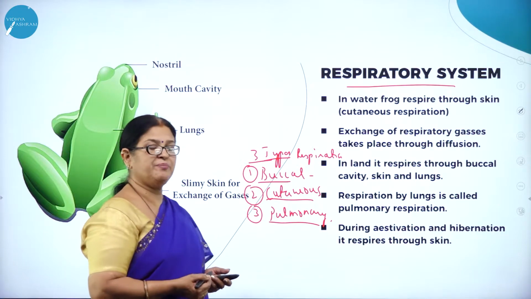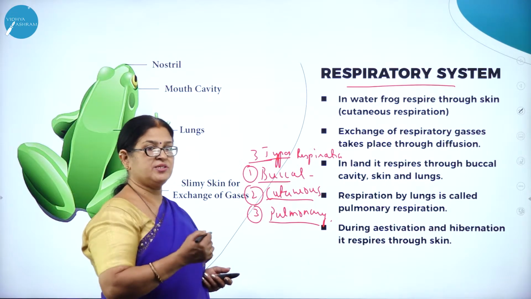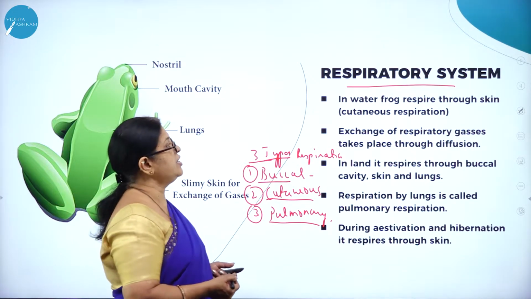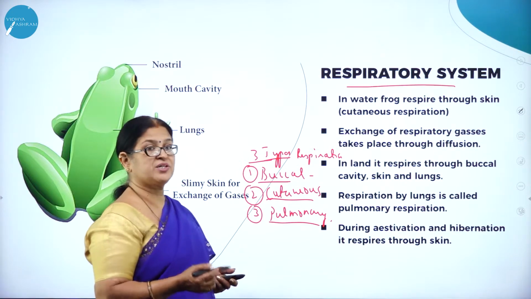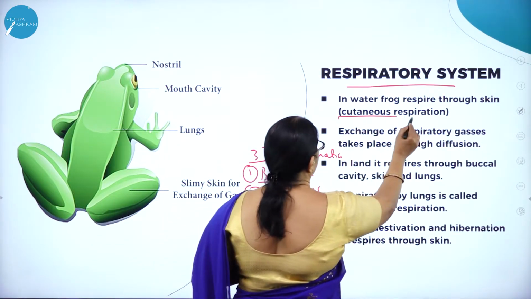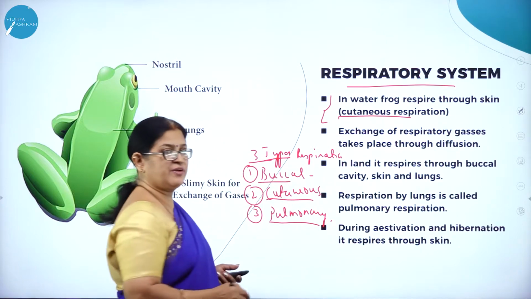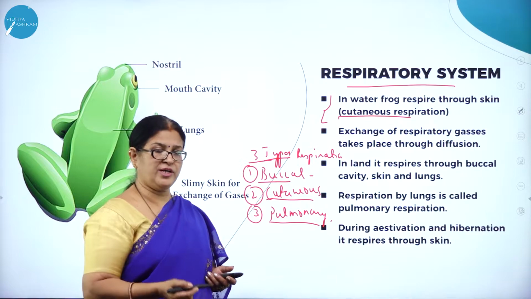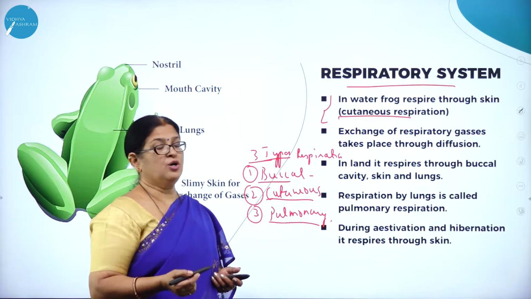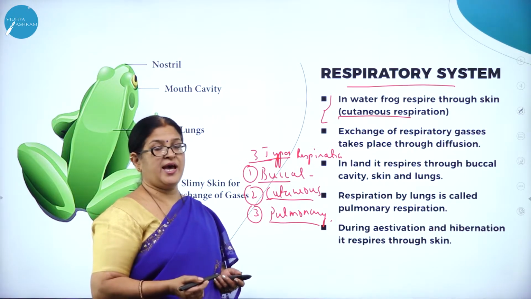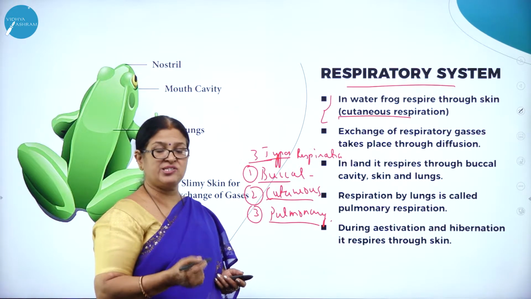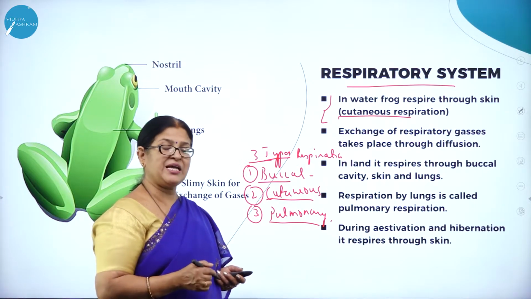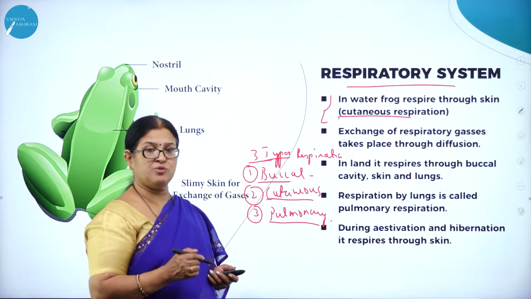So what will be the means of respiration when it is in water or on land? In water, frog respires through skin, hence it is called cutaneous respiration. As I said, it is an amphibian and can live both on land and water, and we know that frog goes to water to lay eggs, as the process of fertilization is external, that is, the fusion of the male gamete with the female gamete takes place in water.